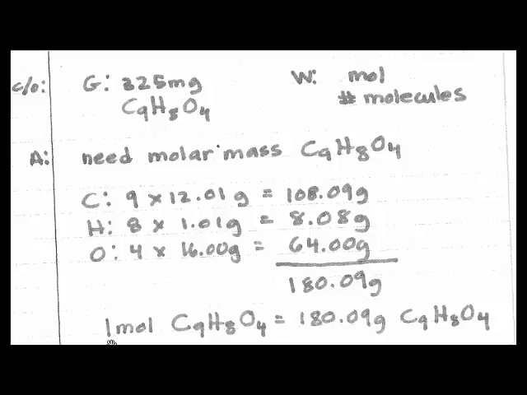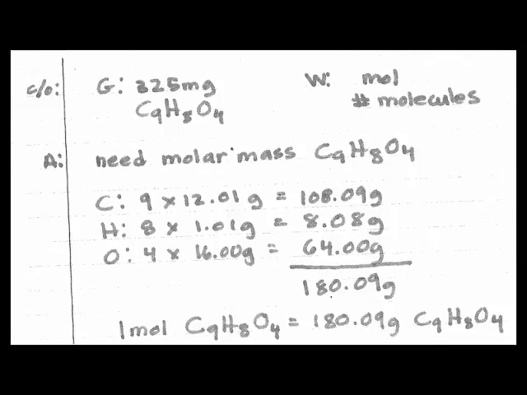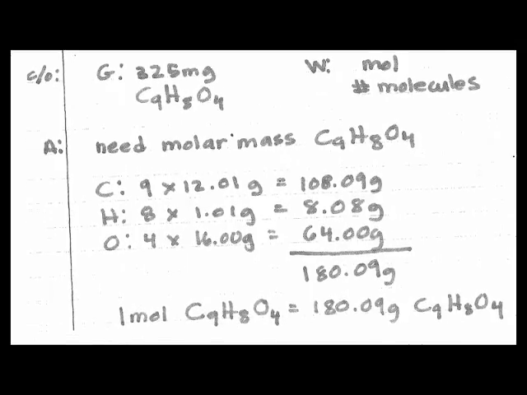So here's the molar mass of aspirin. 1 mole of C9H8O4 is equal to 180.09 grams of C9H8O4. So I'm going to do a double unit check now. I'm going to look at what I am given and what I want, and my conversion factor makes sure I have 2 of every unit.